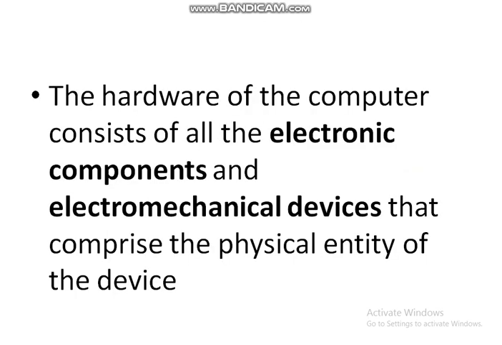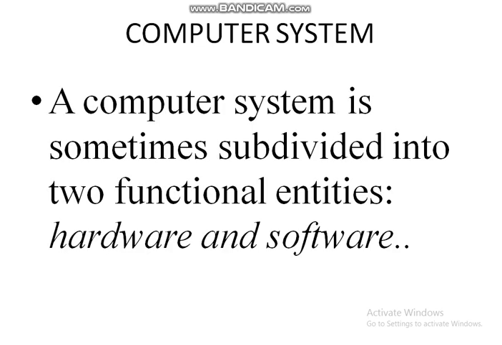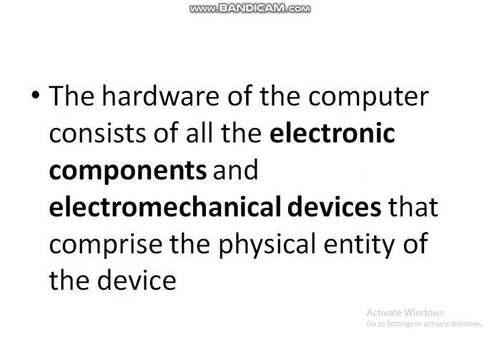Going further, the hardware of the computer consists of all electronic components and electromechanical devices that comprise the physical entity of the device. So we are looking at the hardware. Like I said in the previous slide, a computer system is sometimes subdivided into two functional entities. So we are looking at the hardware entity, which consists of these electronic components and the electromechanical components.